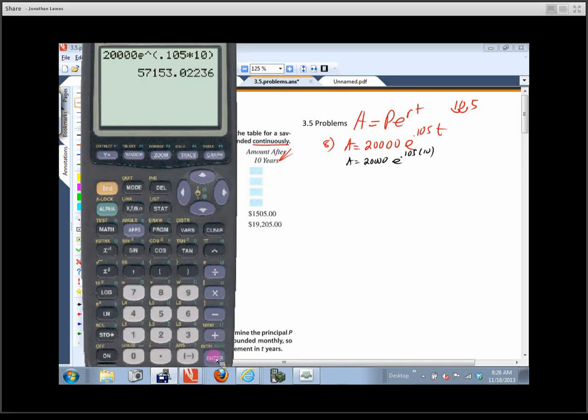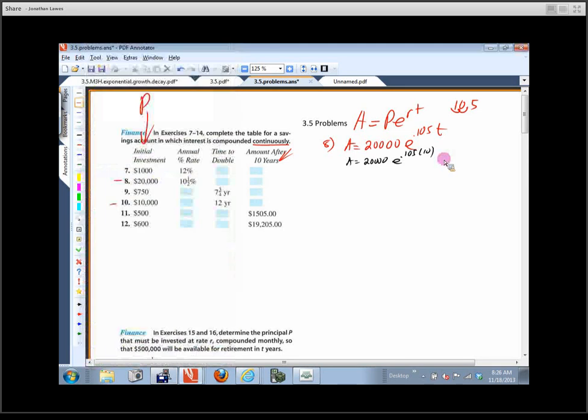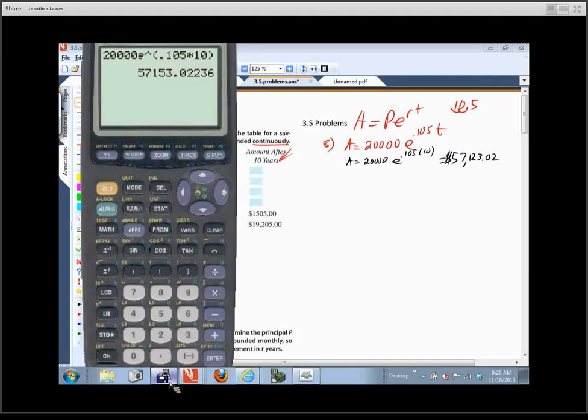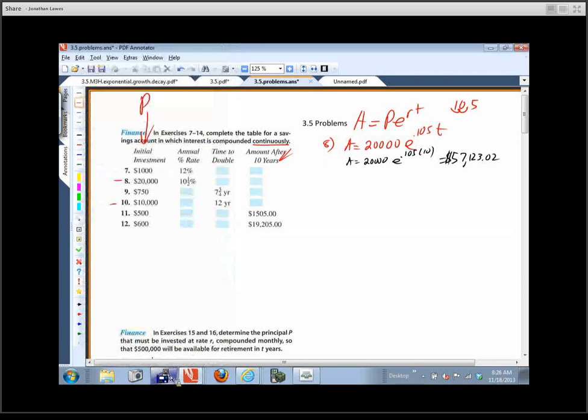Hit enter. Ooh, that's a lot of money. $57,153.02. Good there? Okay, so that is this answer right here.